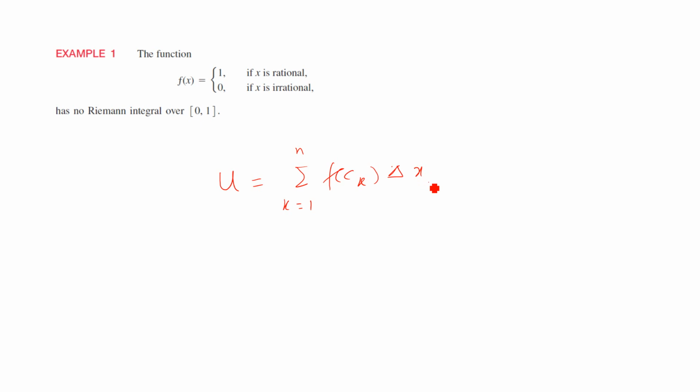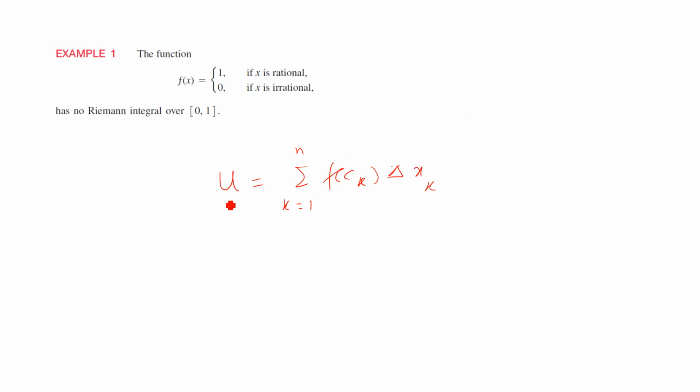the sum of f(ck) delta xk. Now, if we have an interval, what is this? The product of the height and the length of the kth interval. So the height of the function in the kth interval and the length of the kth interval.